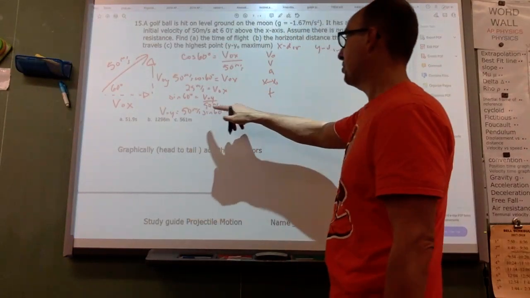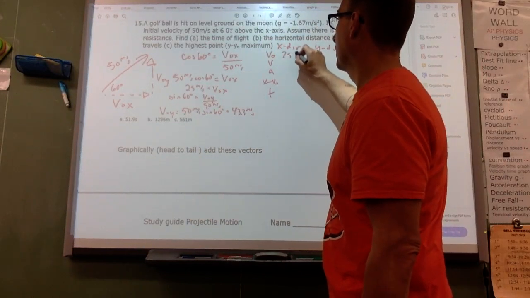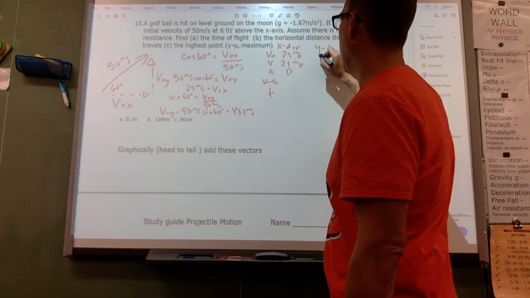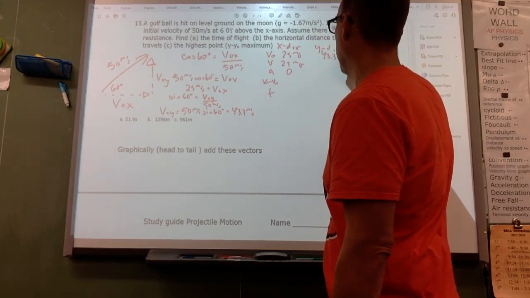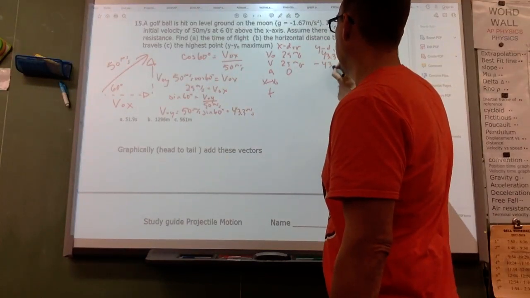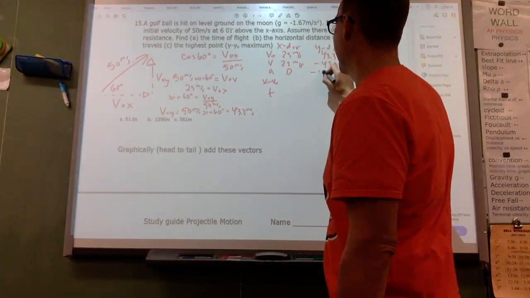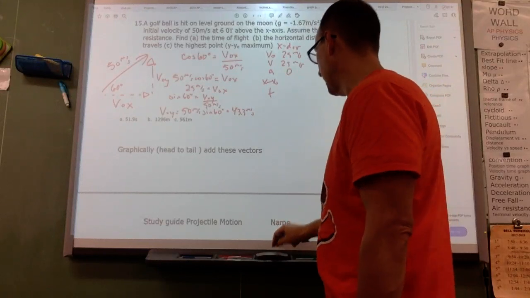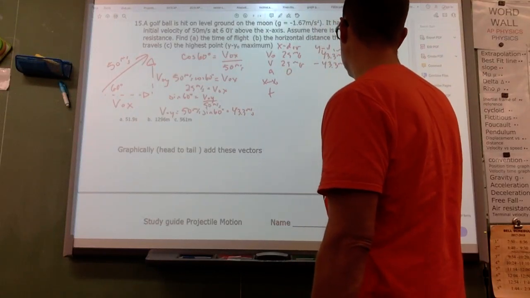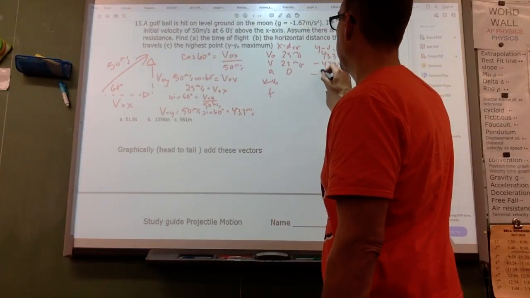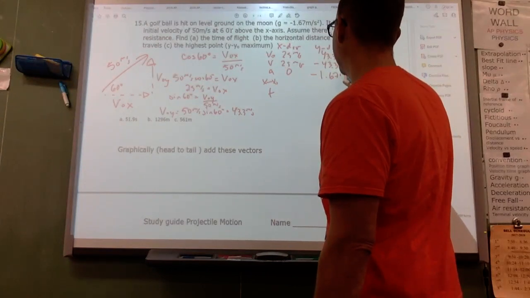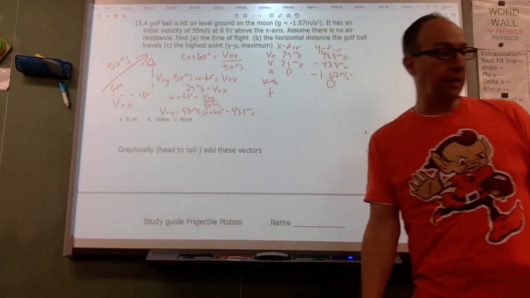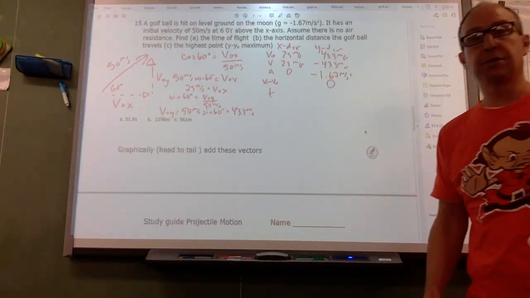And so my x direction is 25. My final in the x direction is 25, and this is 0. And in the y direction, this is 43.3. This is negative 43.3. This is, no, look at that. I'm so used to doing Earth, I was going to put negative 10 in there, but they're telling us we're on the moon. So this is going to be negative 1.67. And the displacement's going to be 0.